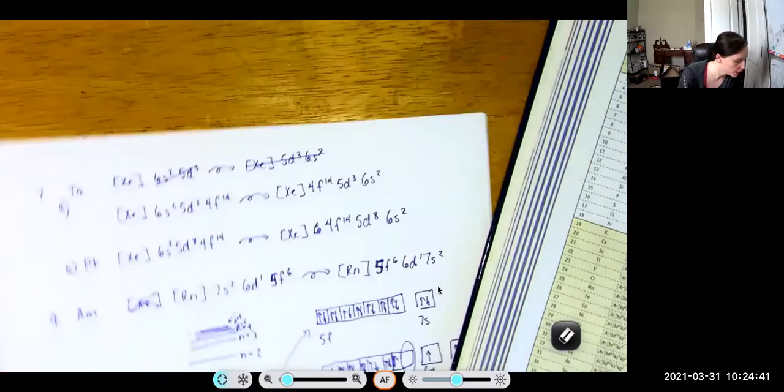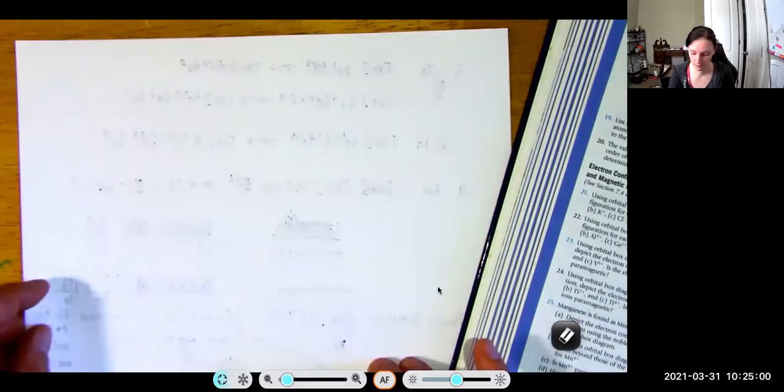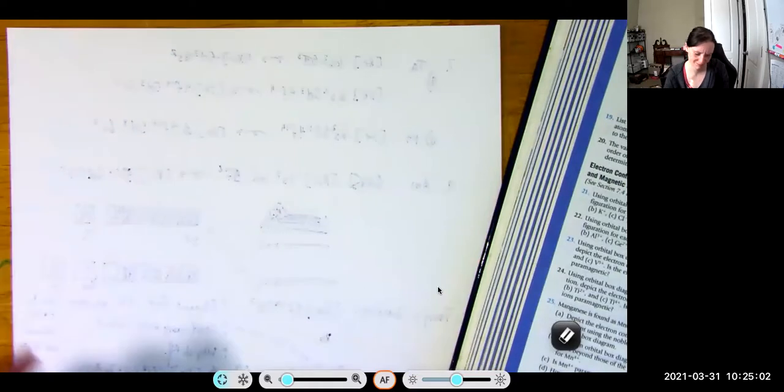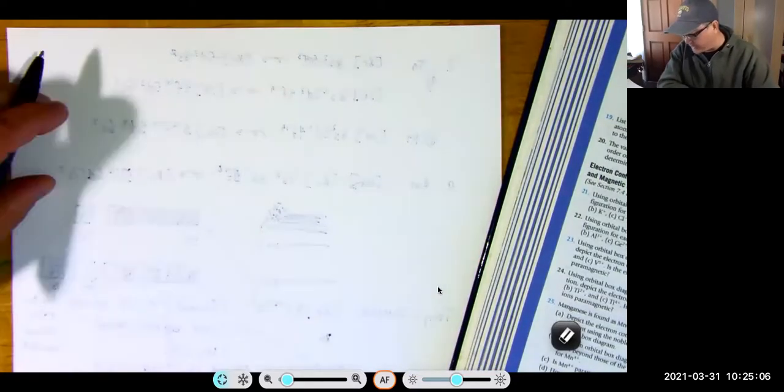Number 25. Okay, so that must be like 341 or something. 342. Manganese. Manganese is found as MnO2 in deep ocean currents.